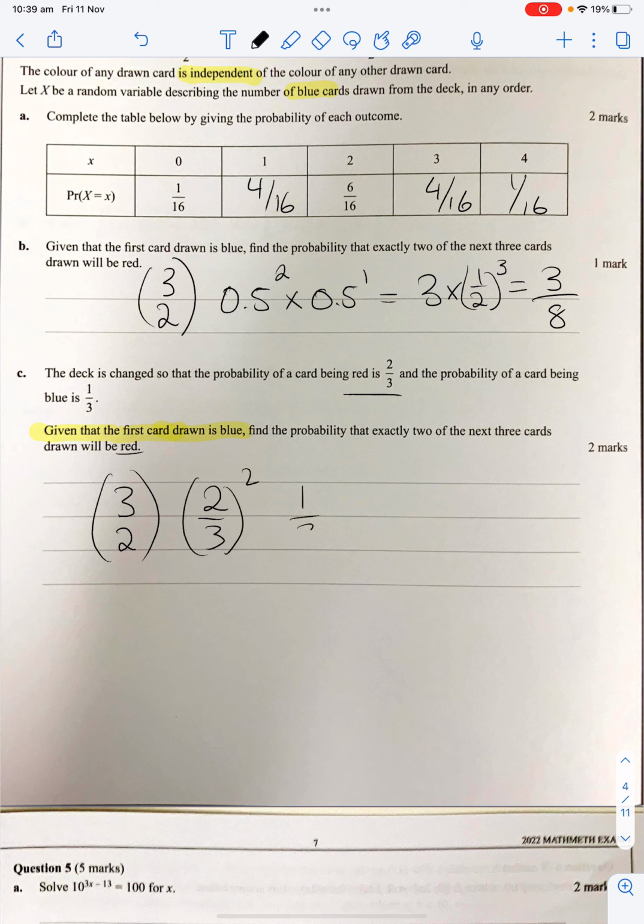Probability of a failure is 1/3. We want 1 of those. So that's going to be 3 times 4 over 9, 4 over 27. 3 times 4 over 27, which equals 4 over 9. All right, so interesting question. We've got this conditional probability, which is irrelevant because the cards were getting replaced. Moving on.